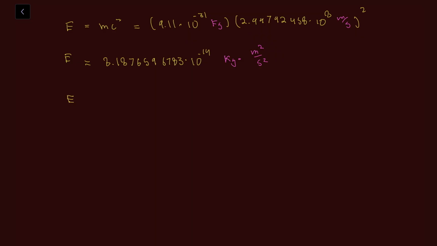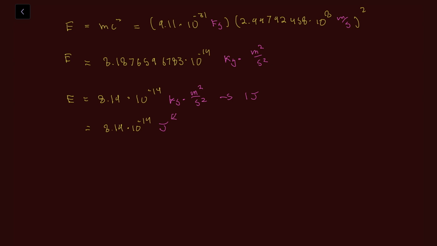Now, it did state that our answer should be rounded to 3 significant figures, and so this is actually simply going to become 8.19 times 10 to the negative 14 kilograms times meters squared per second squared, which is the same as 1 joule. So you could just write this as 8.19 times 10 to the negative 14 joules. Now, just so you know, energy will always be written in terms of this unit, the joule. Energy and joules, they go together.